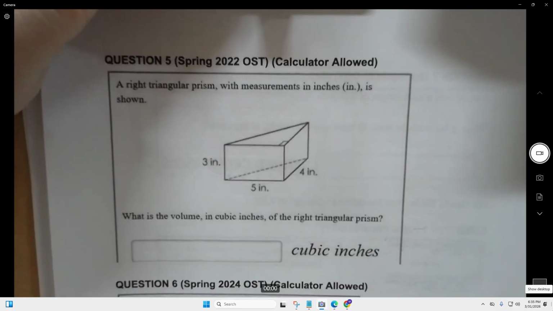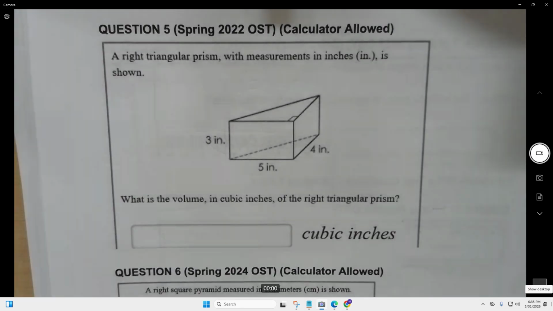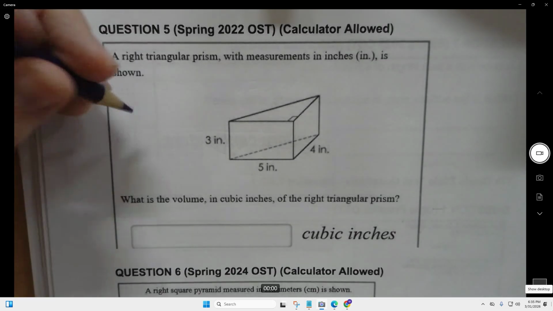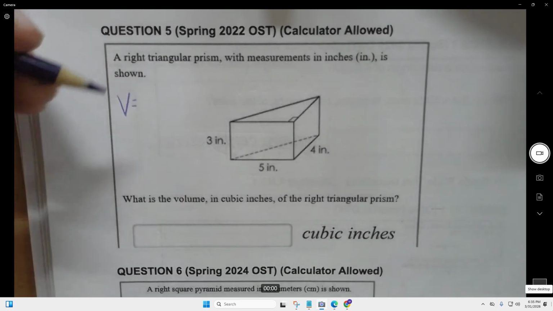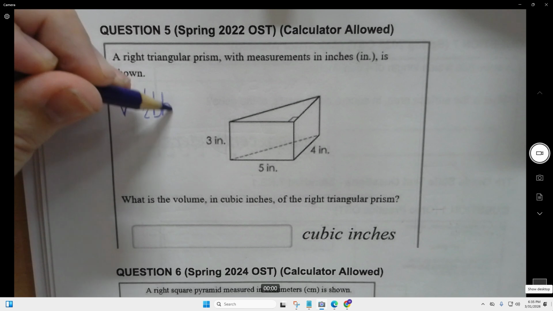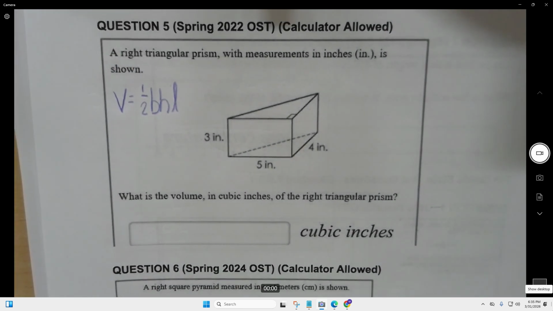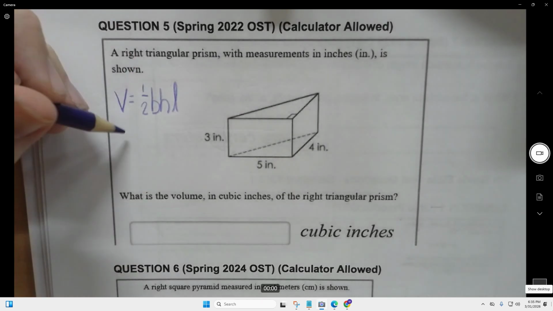Let's hit question 5. A right triangular prism with measurements in inches is shown. What is the volume? I'm not going to go too deep into this because it's just using the same formula we've already used. For a right triangular prism, that is 1/2 times base times height times length. Remember, that's just the area of a triangle with the length.